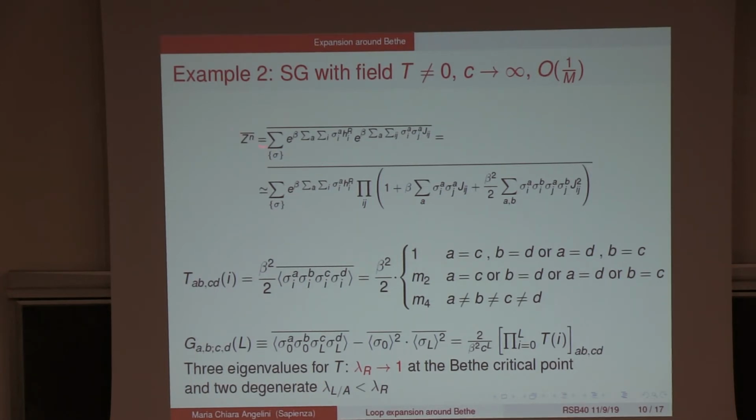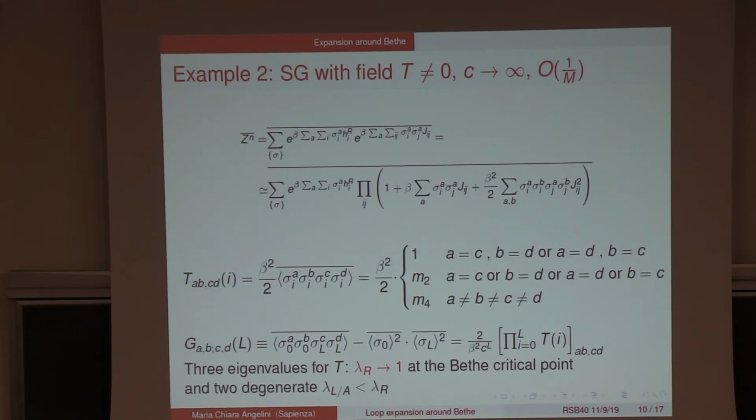We can expand the partition function because we are in the limit of the connectivity that goes to infinity. So the coupling is small, we can expand it, and then we can introduce another n squared by n squared matrix. Then we can realize that the correlation function is just the product of this matrix to the power L, exactly as before.